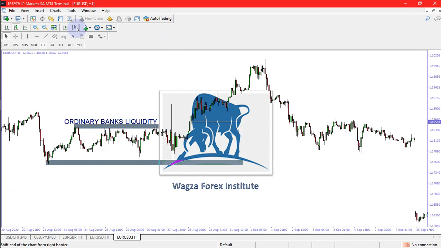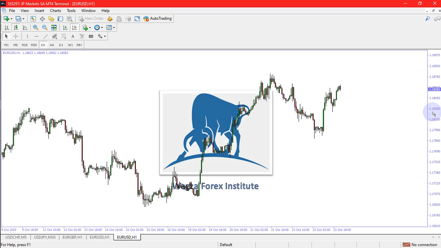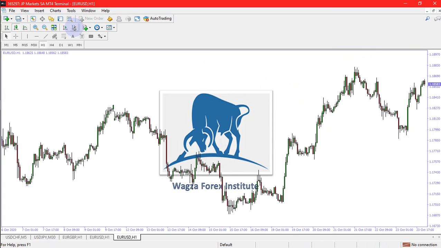So okay, let's simply make a setup on this bank's liquidity. Let's say we're making a setup here. Let me try to shift up this chart. What's that thing? Should be having something in gray. It's not there.